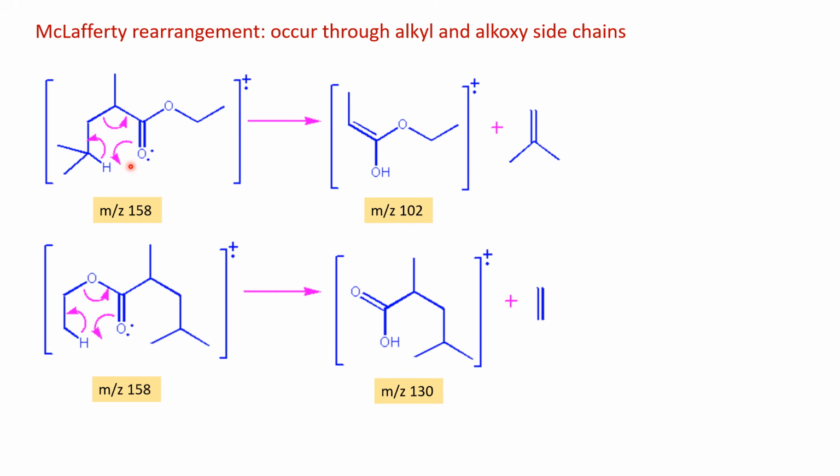It involves a 6-member transition state with the cleavage of the alpha-beta bond. The first McLafferty gives an odd electron species at m/z 102 with elimination of isobutene. Let us look at the second McLafferty, which occurred through the alkoxy side chain with elimination of ethylene, and an odd electron species appears at m/z 130.